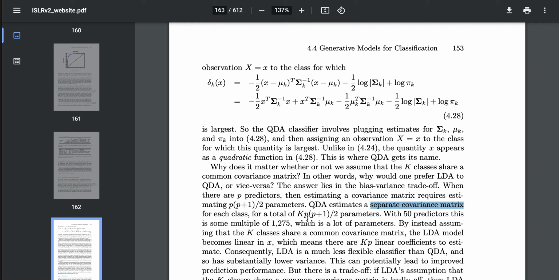And since we have k of them, it's k times p times p plus 1 over 2. So if you have 50 predictors, we need to estimate 1275 parameters only for the covariance.